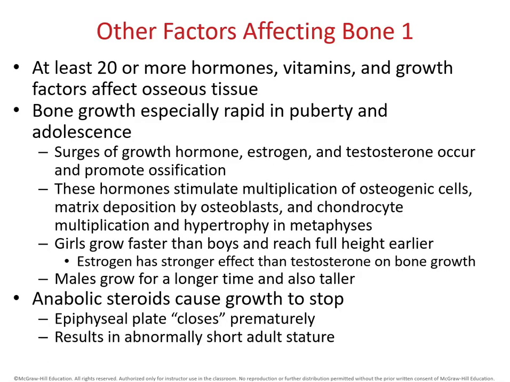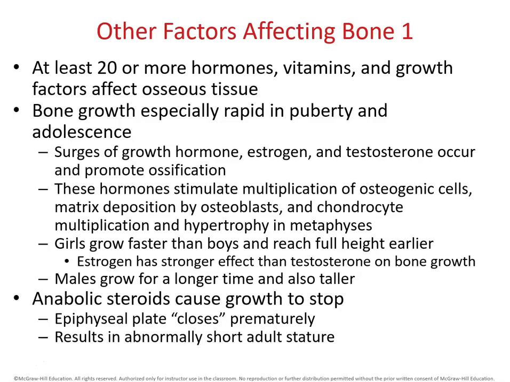We know that bone growth happens very rapidly during puberty and early adolescence, and this is because of surges in hormones, especially estrogen and testosterone. Girls grow faster than boys because estrogen has a stronger effect in bone growth. Testosterone has a longer effect on bone growth, and so males grow longer and are ultimately taller as a general rule.